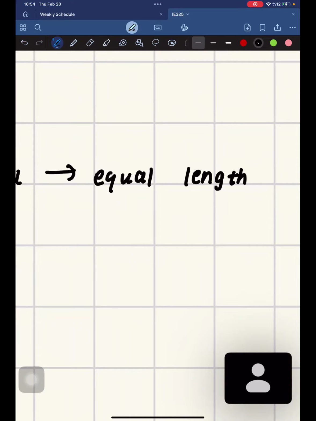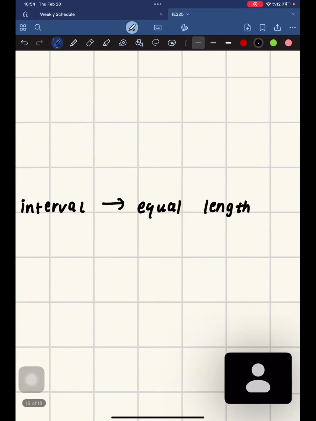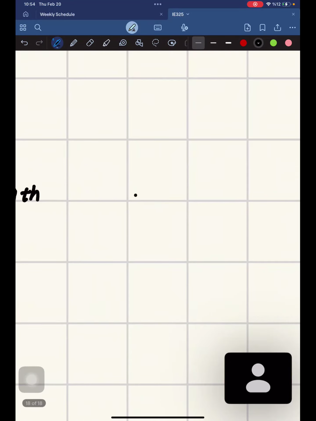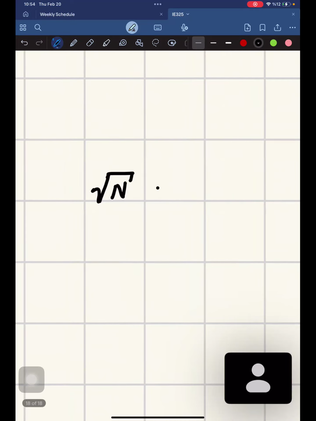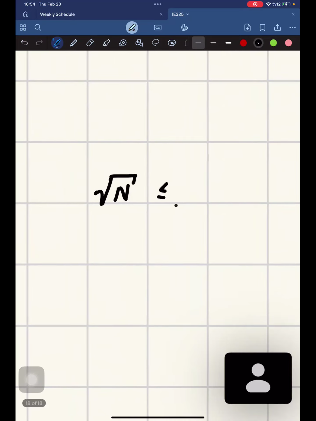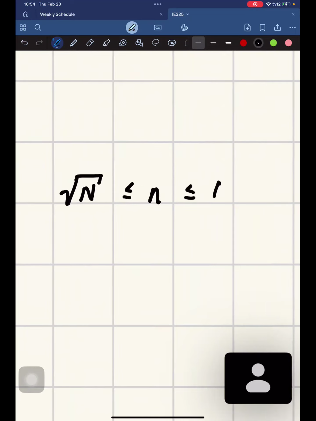A proper choice of n would be between the square root of capital N, which is the sample size, and capital N over 5.